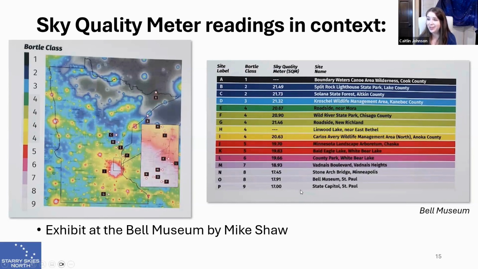So remember, the higher the number from the sky quality meter, the darker it is. And that means, of course, the lower the number, the brighter it is. Downtown St. Paul, and Stone Arch Bridge in Minneapolis, which is also downtown. These are more suburban areas, going to rural areas, and then some pretty dark skies here. You can see those line up with our numbers as well. And putting them on a map is a fantastic way to visualize it for people too.